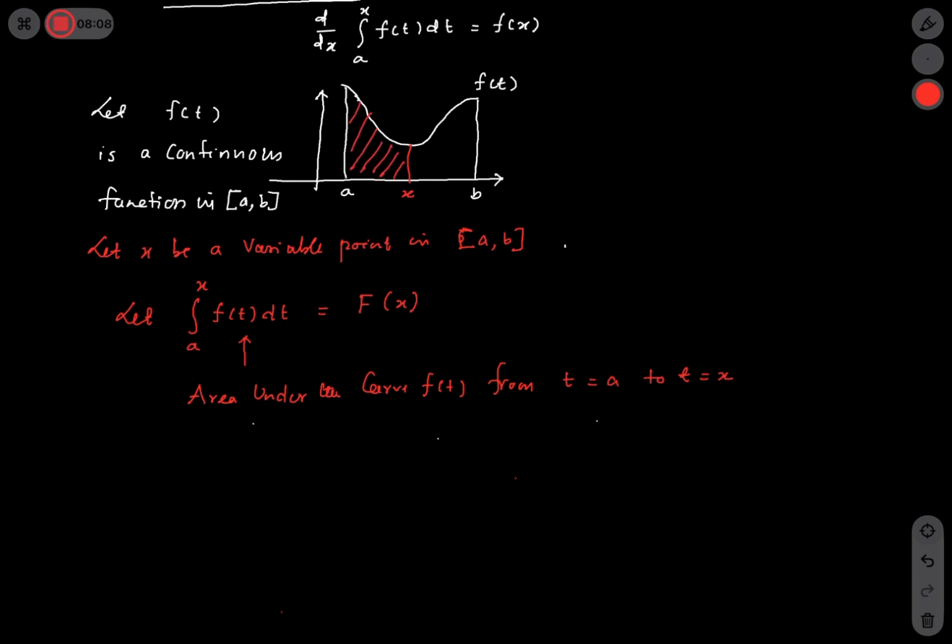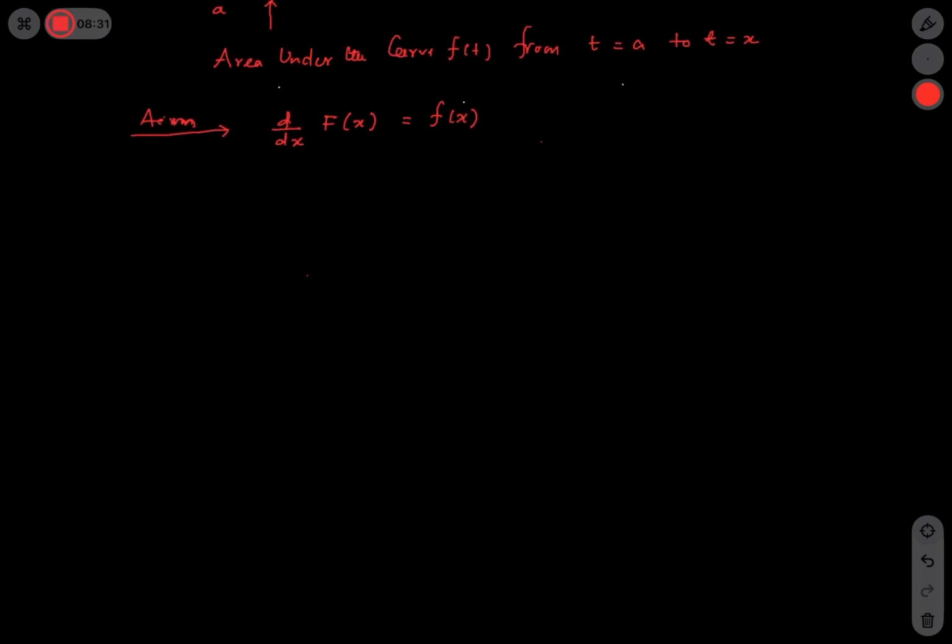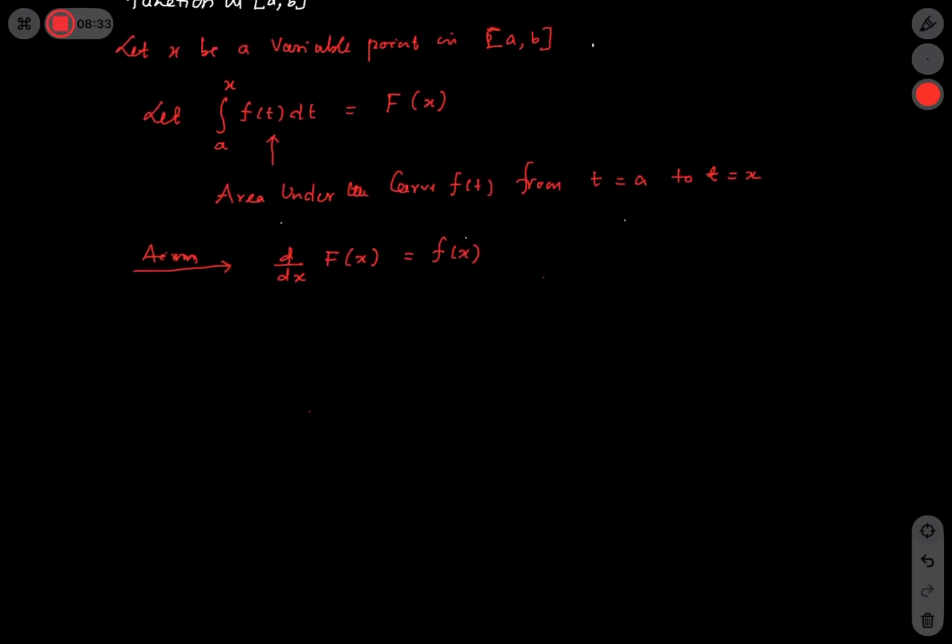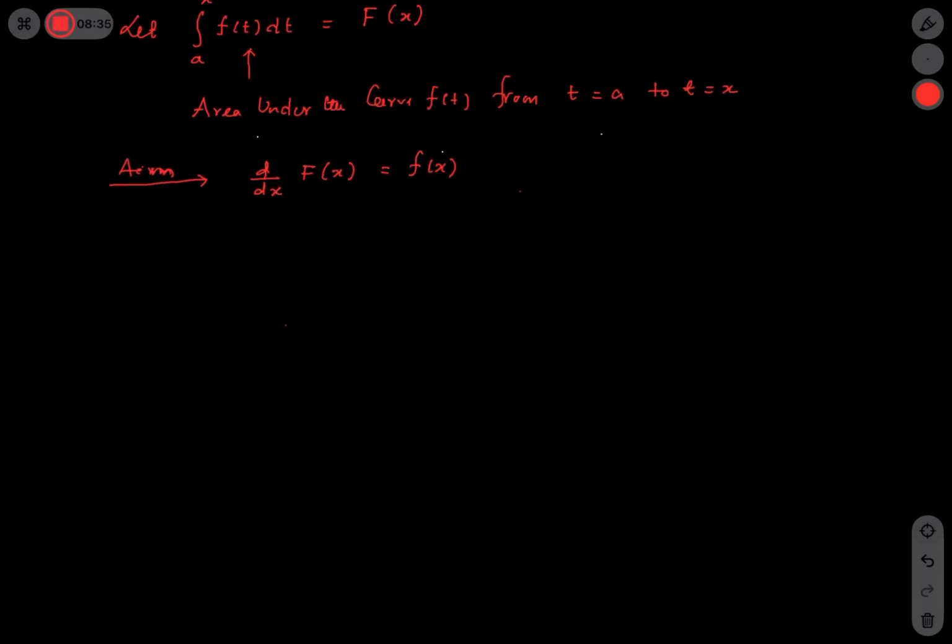You see, this is the area from t equals a to t equals x. So now our aim is to prove what? Our aim is to prove d by dx of F(x) equals f(x). So now how do you prove this? Okay, let me draw the diagram again.